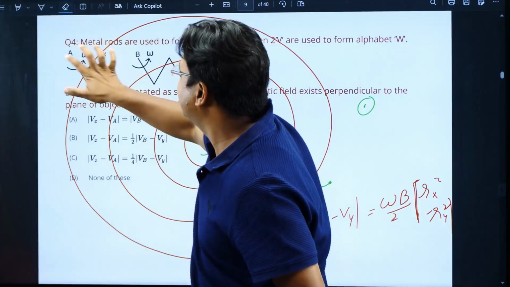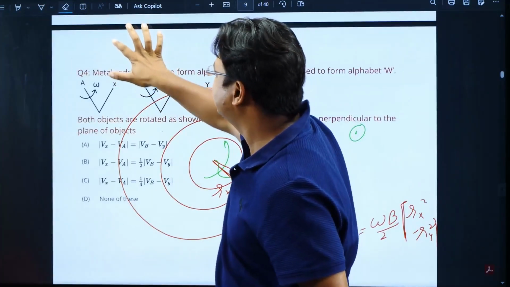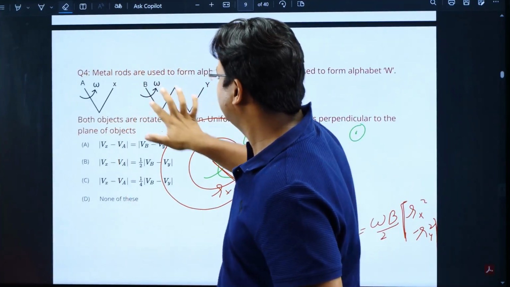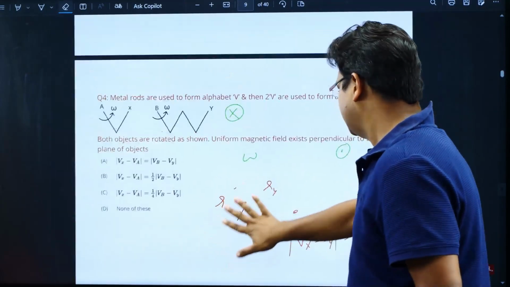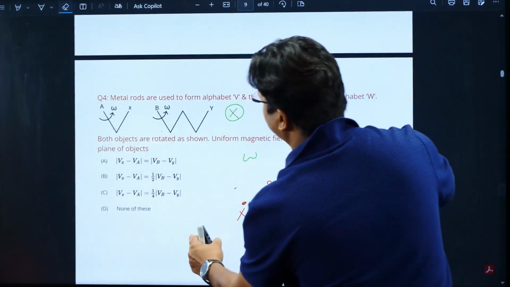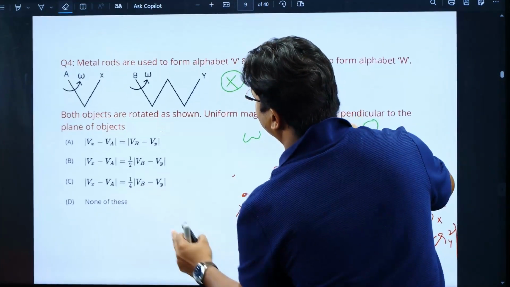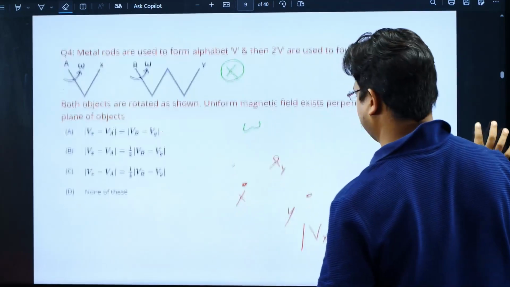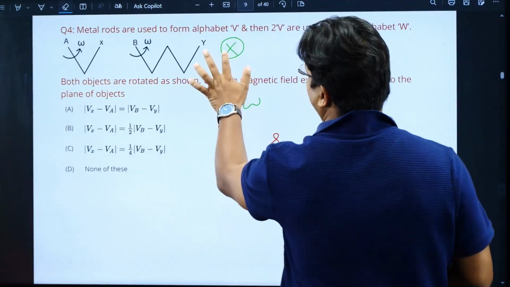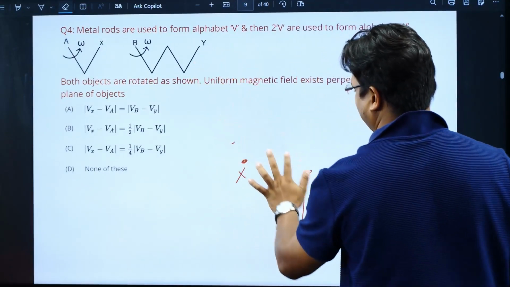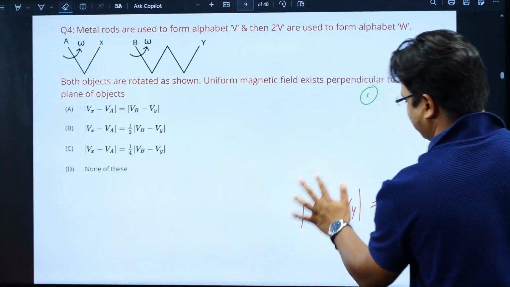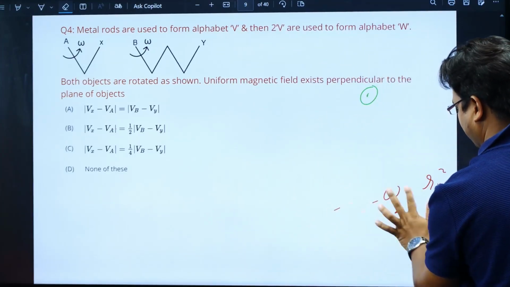Let me get rid of this. Okay guys, I need to make it a bit bigger. Stick it a bit higher, and let me erase this so that we can get space to write.